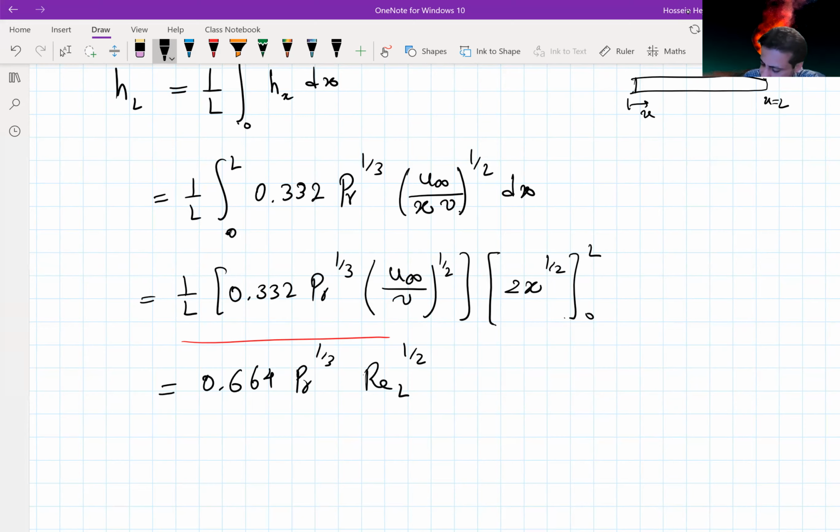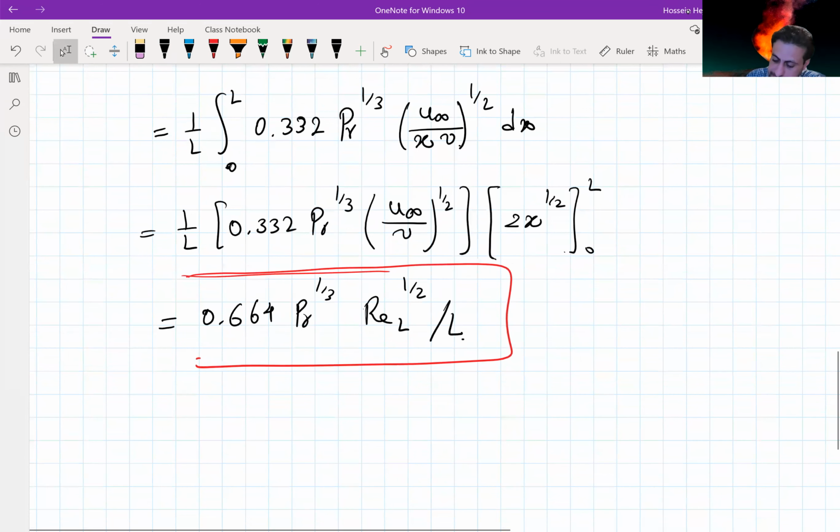And everything is going to be divided by L. You would have one extra L. So this is going to be the overall heat transfer coefficient.